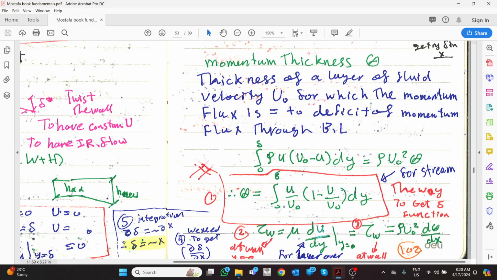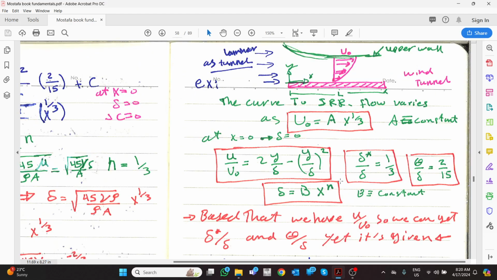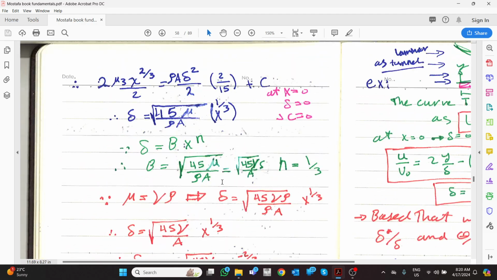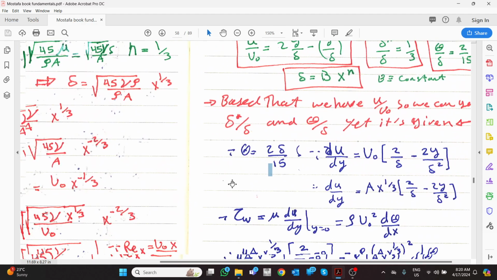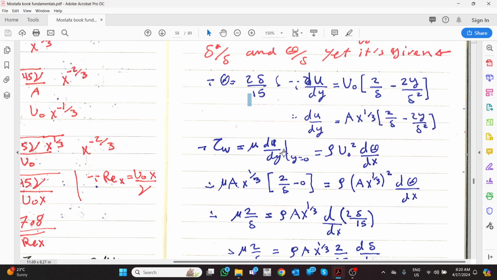So take the derivative of u in terms of y, apply y equals 0, equal to rho u naught squared d theta by dx, and we need to manipulate to get dx aside, d theta converted to delta, and make the integration. The same standard procedure. Okay. So this term equals this term, put it in, make the derivative.